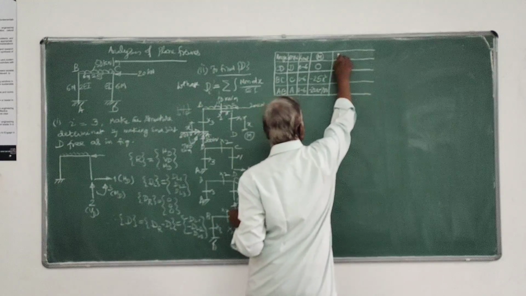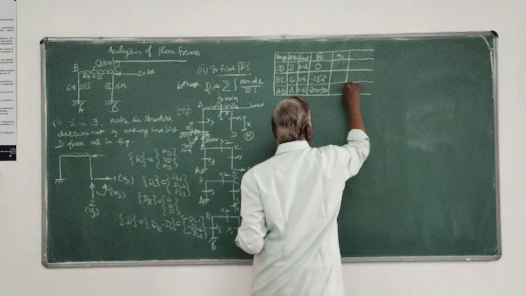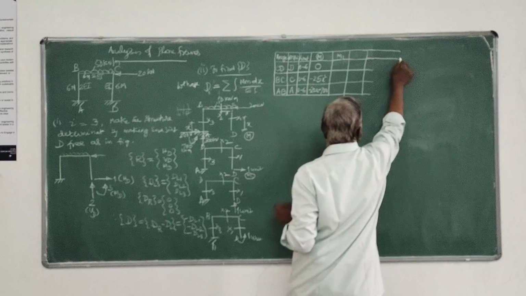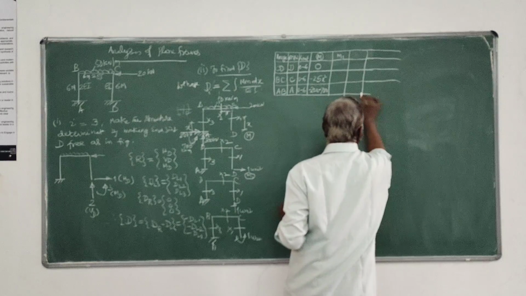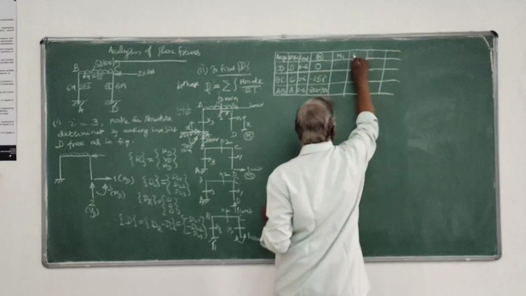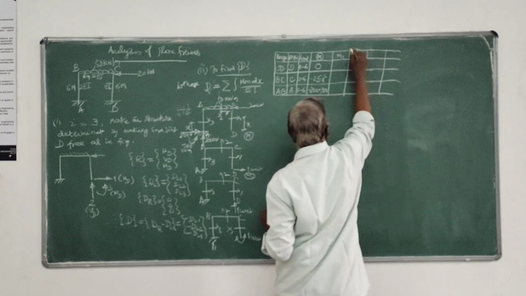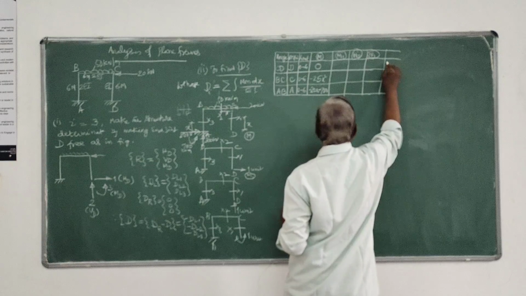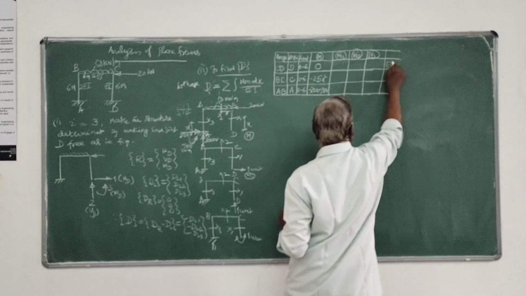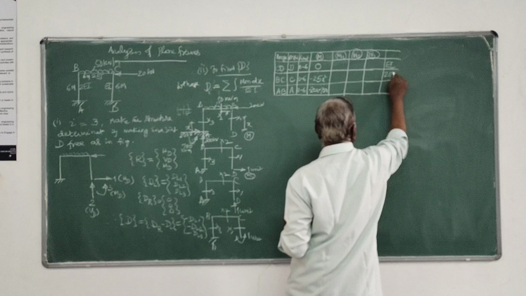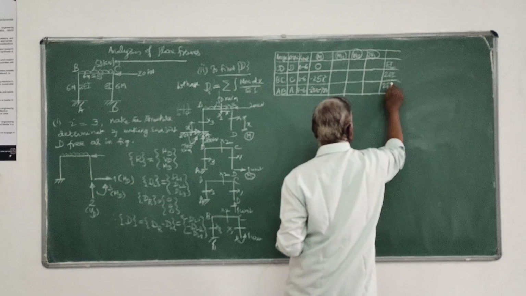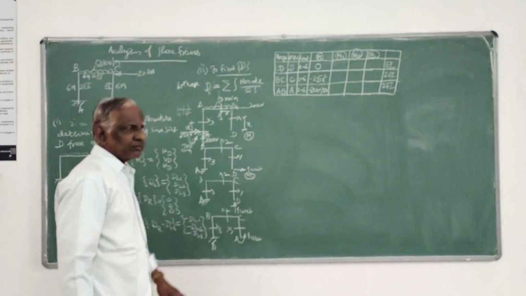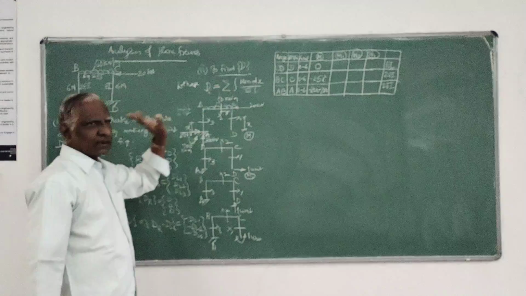Next, I have to find out M1, M2, M3. And of course, this portion is EI, this is 2EI, this is 2EI. Because EI is varied, it is not constant, that also we will indicate in that particular table.